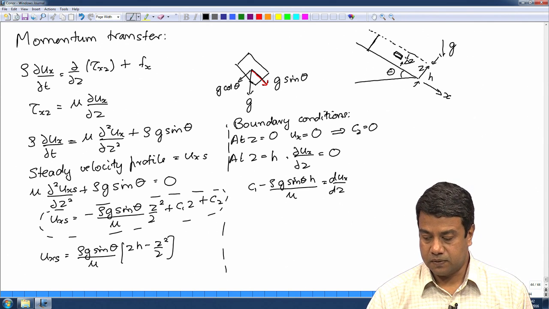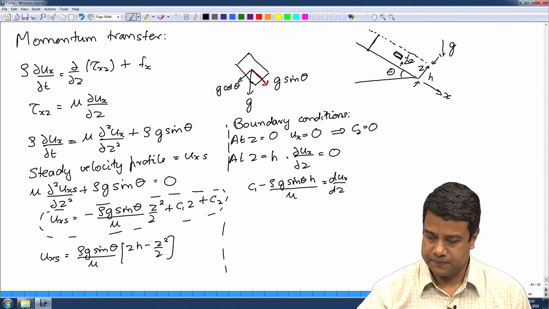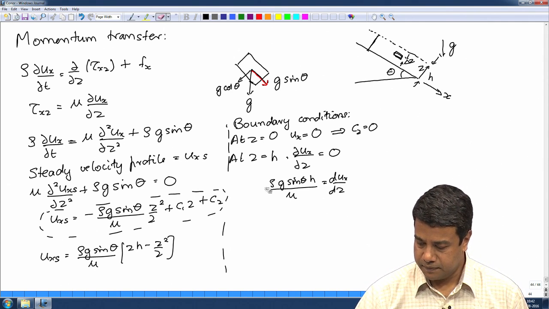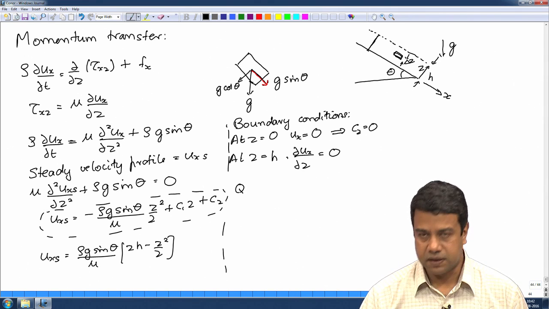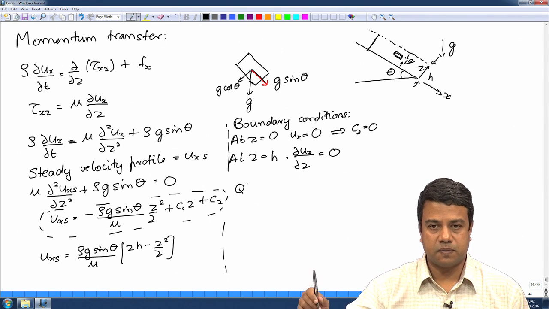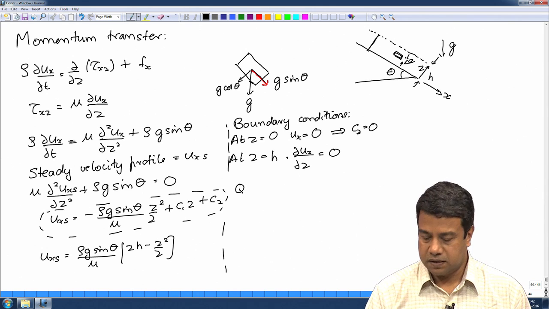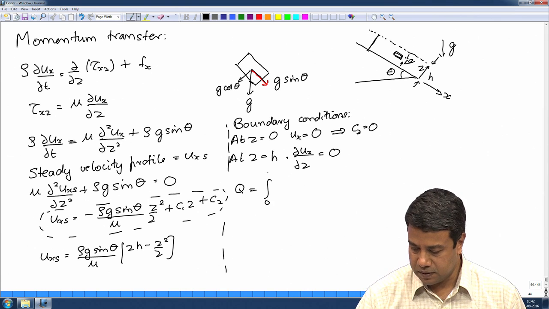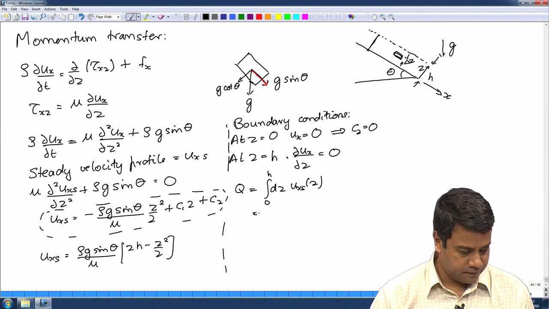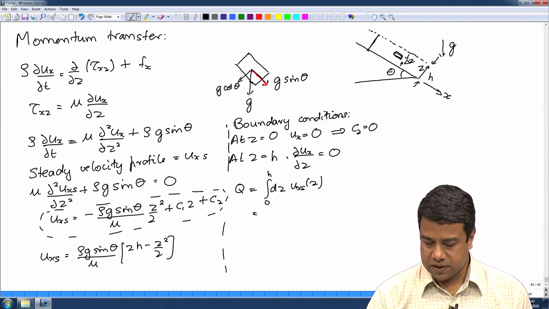From this we can find out what the flow rate is and what the average velocity is. The flow rate Q, of course per unit length perpendicular to the plane of the surface, is equal to the integral from 0 to h of dz times ux steady of z. You can do this integral easily.